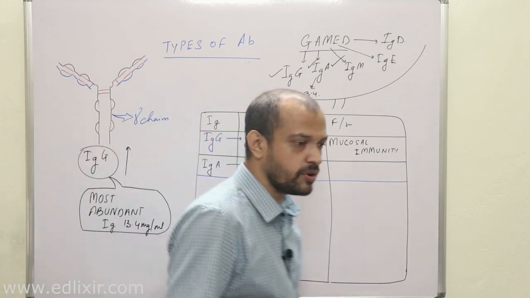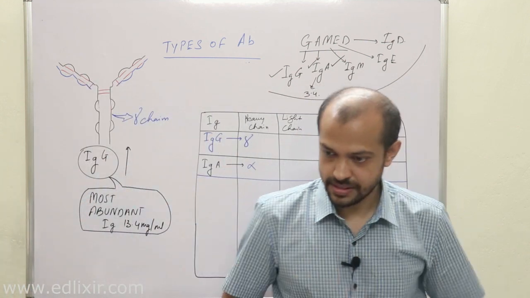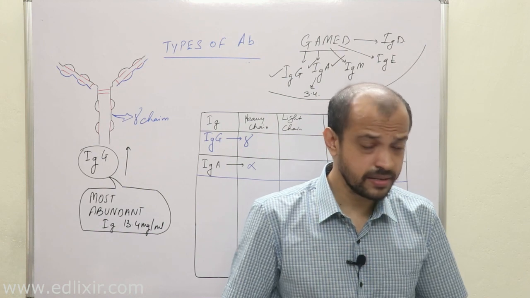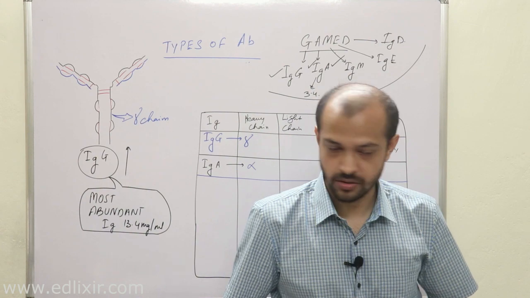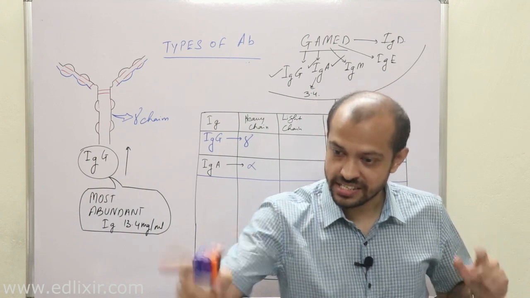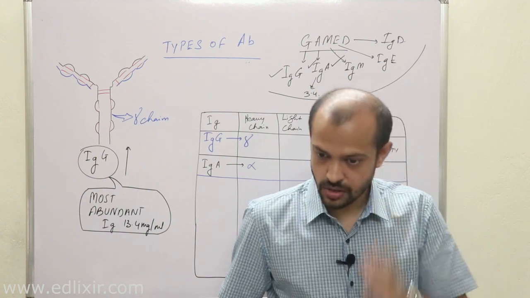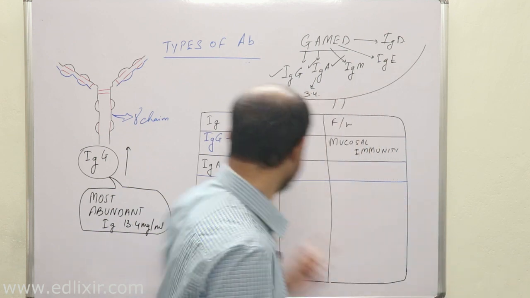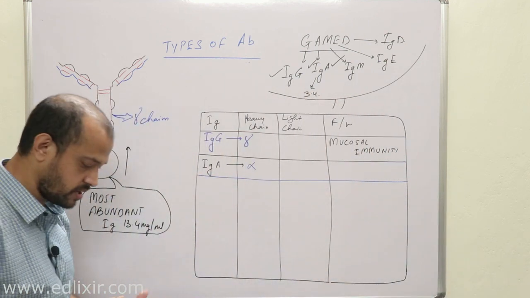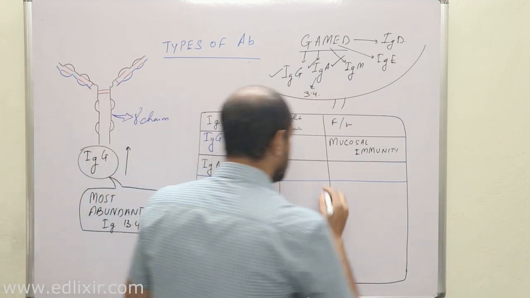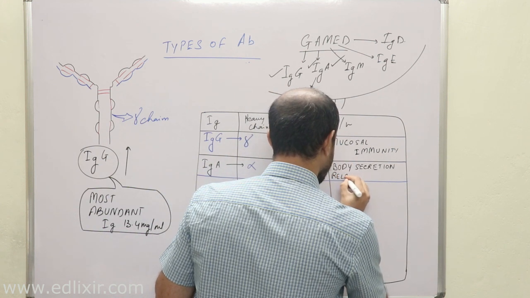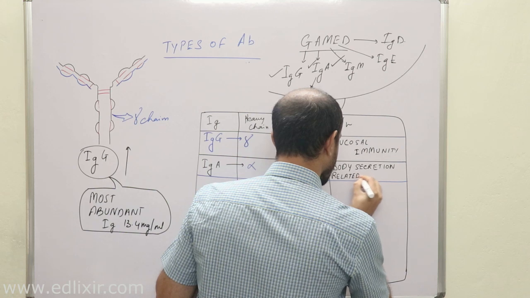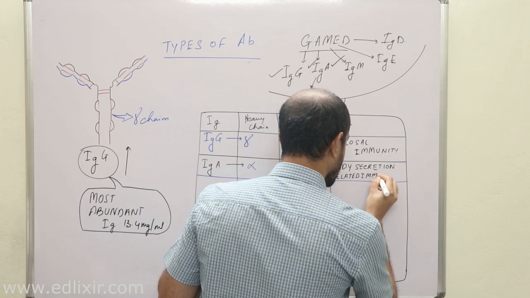The very important point you need to understand is that IgA is the first line of barrier in body secretions. In every body secretion, IgA is present, whether it is sweat or your intestinal secretion, in small or large amounts. Body secretion related immunity. Clear?